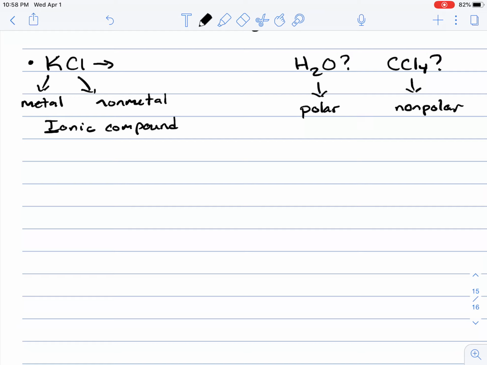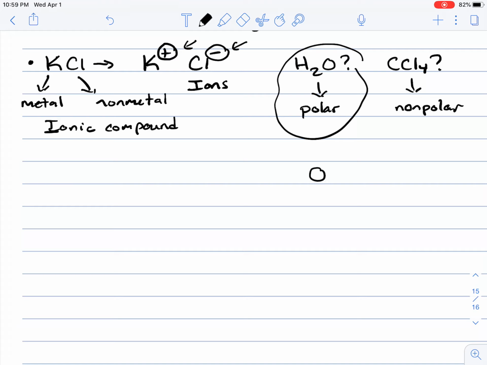We just know that KCl will be dissolved to produce K plus and Cl minus. And so this is a full positive, full negative charge. So since these ions have a charge to them, it would make sense for these ions to interact with a solvent that also has some type of charge to it. And that would be water.